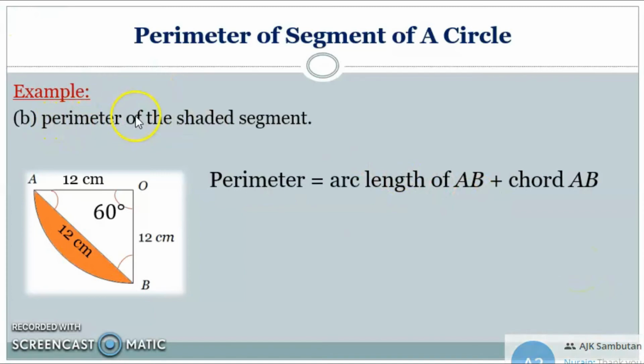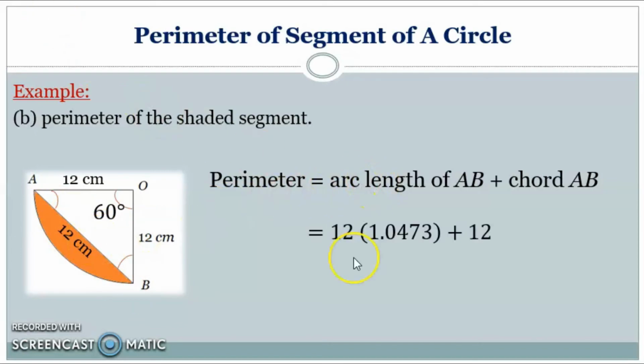For part B, the perimeter of the shaded segment can be found by adding arc length of AB with chord AB. Arc length of AB is equal to 12 times 1.0473 radian, and the chord AB is equal to 12 cm.